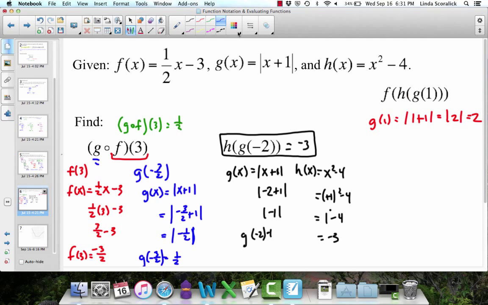Next we move out to the h function, so we're going to find h of 2. That output from the g becomes the input for the h. So that would be 2 squared minus 4, so 4 minus 4, which is 0. Finally, now we're going to take this output from the h and put it into f, and we're going to find f of 0, so 1/2 times 0 minus 3, which is negative 3. So f of h of g of 1 would be negative 3.